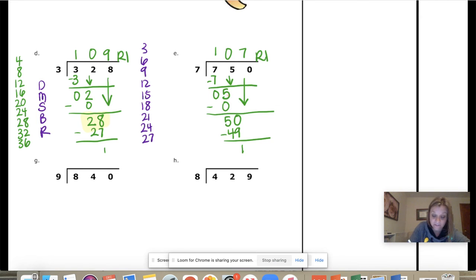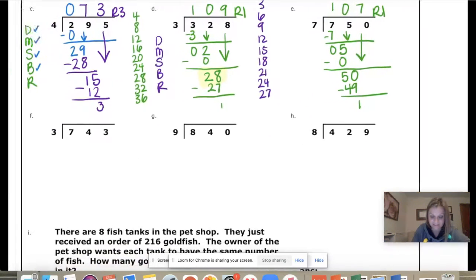Subtract. 5 minus 0 is 5. And I bring that 0 down, and now I have 50. Okay? Not too bad. I can work with 50. 50 divided by 7 is 7. 7 times 7, 49. And I have 1 remainder. Okay? All right.